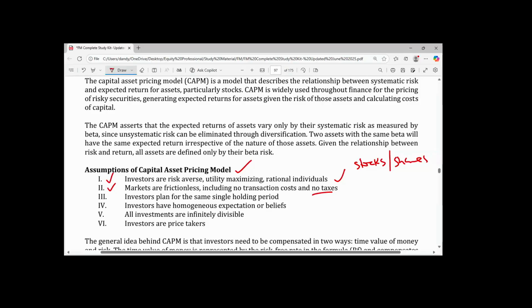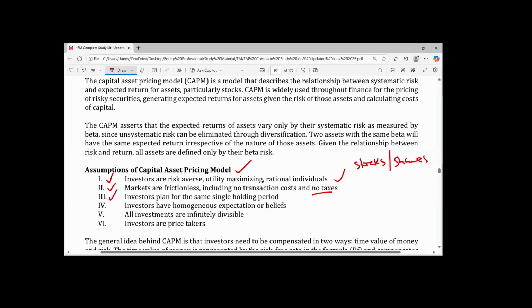You may carry out your own investment this year, I may decide to do mine next year, right? So in practice, we cannot have the same time horizon for our investment. But the assumption is saying that all investors are going to have one investment time horizon, which is a single holding period.